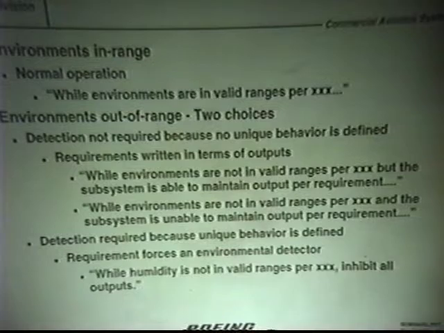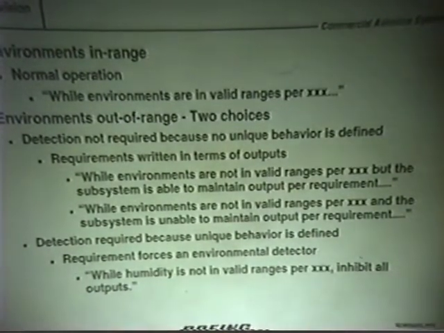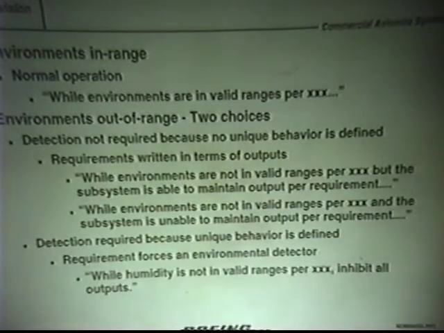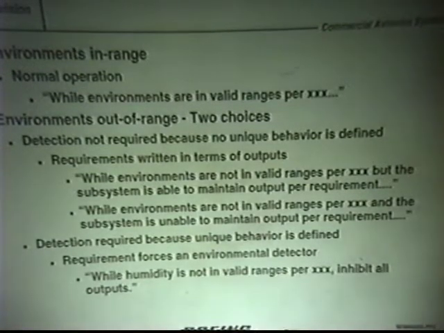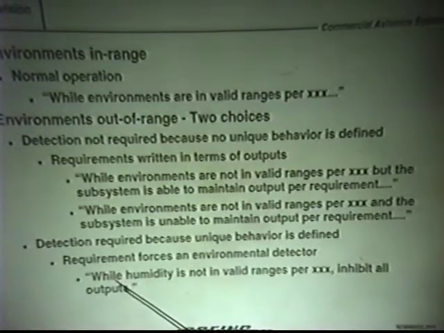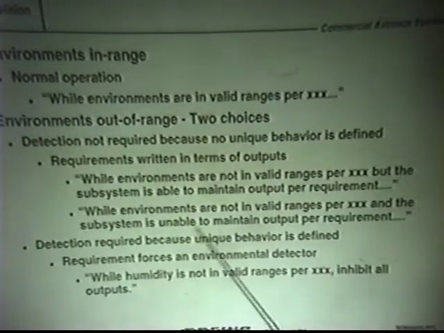In the work we were doing on cabin management system, we saw a function called a humidity detector in the videotape players for the airborne entertainment equipment, because they don't want to operate videotape players in a high humidity environment because the tape tends to get wrapped around the head. So they added an environmental detector so that they could shut down the tape player. So they had to detect the humidity. So in this case, detection is required because we want a unique behavior defined.